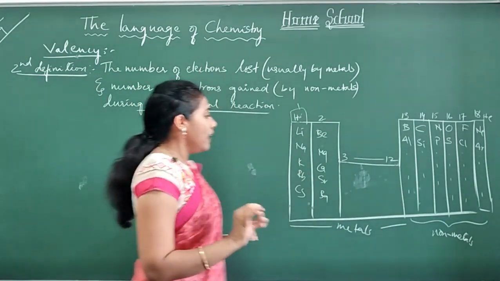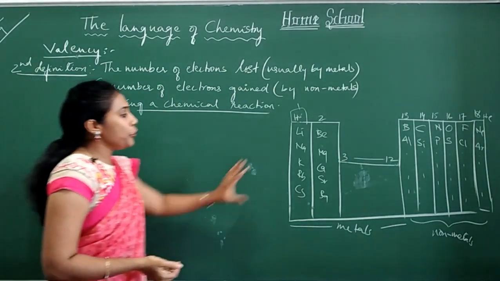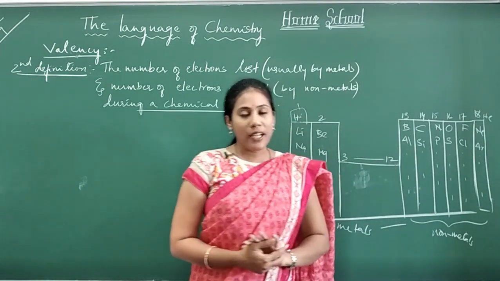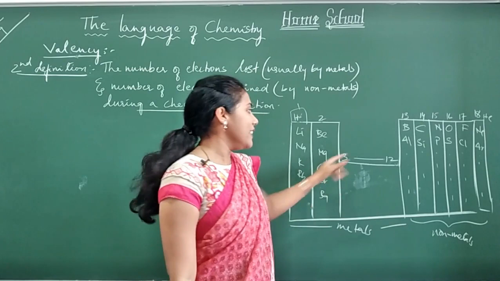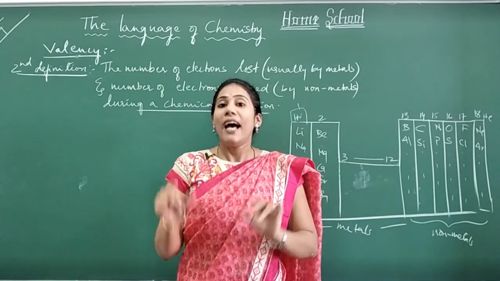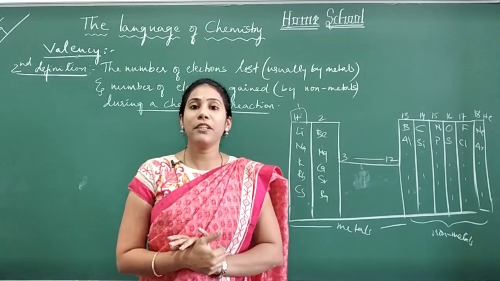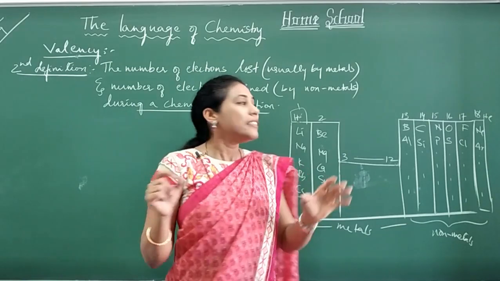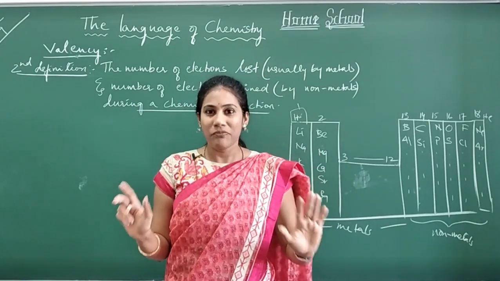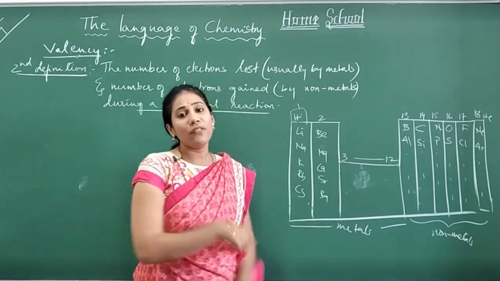Here I am going to give you group-wise valency. Actually, I am giving you a shortcut to remember the valency of the elements. You should know the valency of every element in the periodic table, but it is not possible for us to remember the valencies of all elements, so this can work as a shortcut.